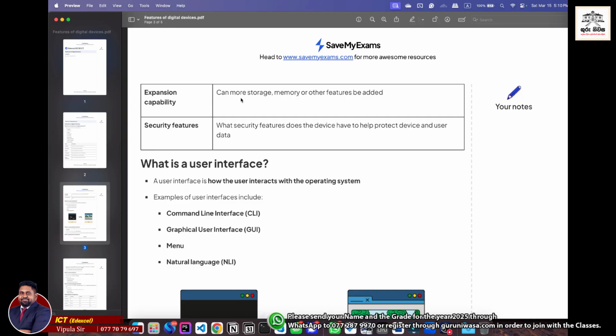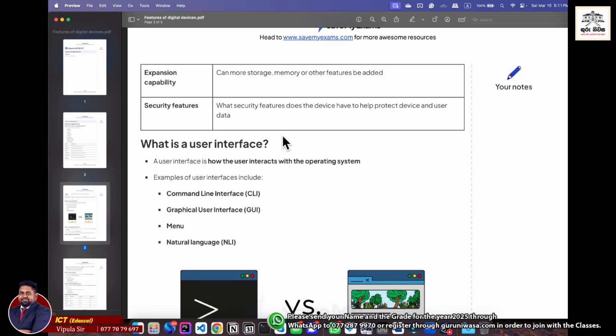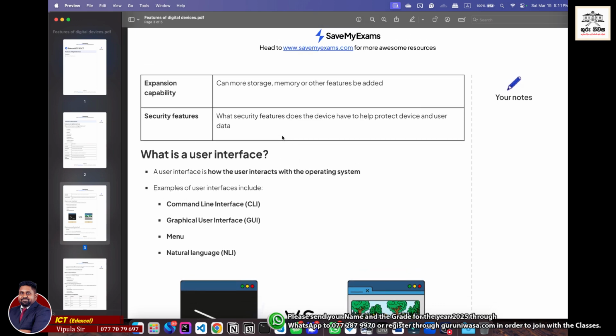Then the security features. Security features are also an important point, because every device should have a set of security precautions or security levels so that they can help protect the device and the user's data. The device information must be protected, plus the user's data must also be protected.